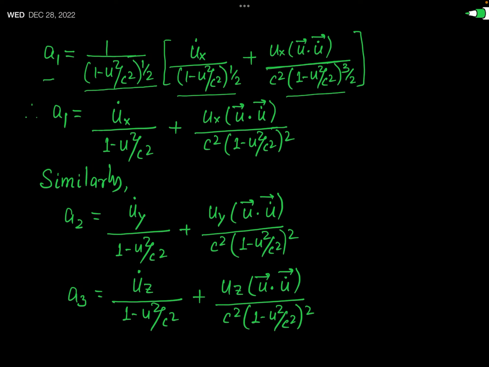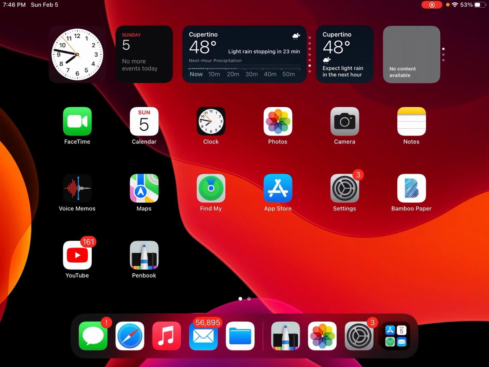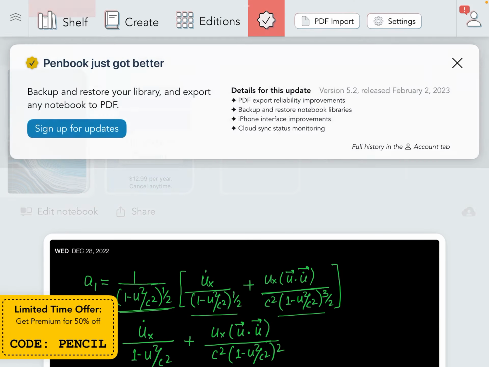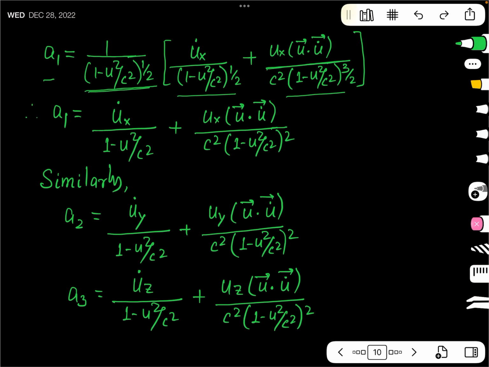Okay. Now, when we multiply by this factor 1 over (1 minus u square by c square) to the power half to the terms inside this square bracket, our result will be a1 equal to, sorry, this is just a common defect of my iPad because it has become old and it needs some remedy.